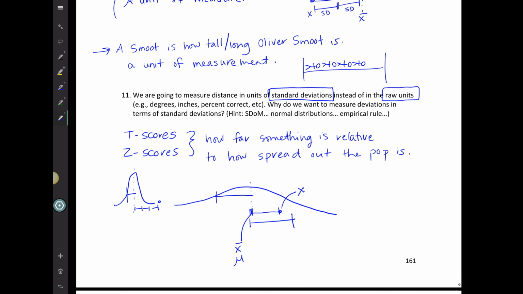So the SDOM, or the sampling distribution of means, is typically normally shaped.